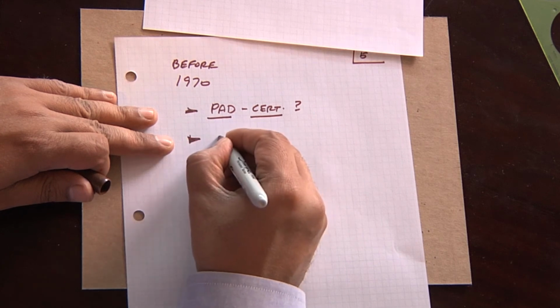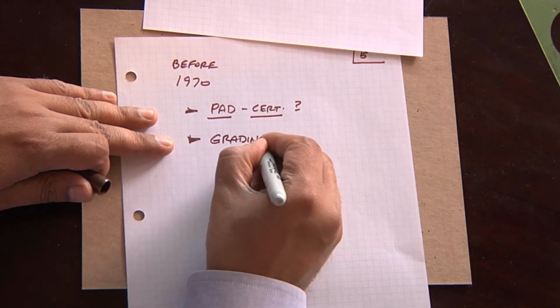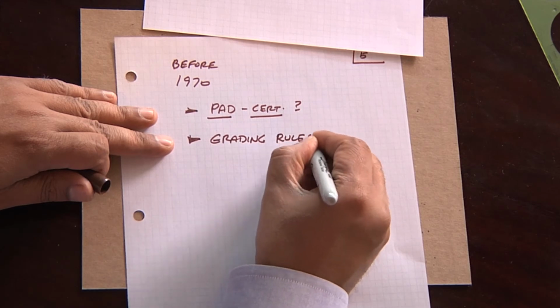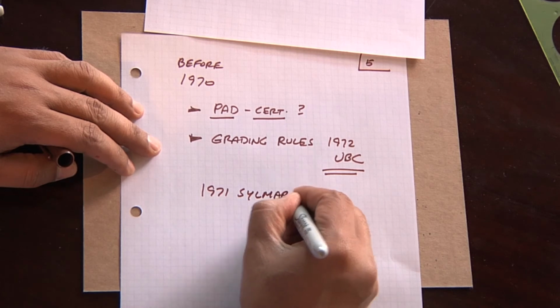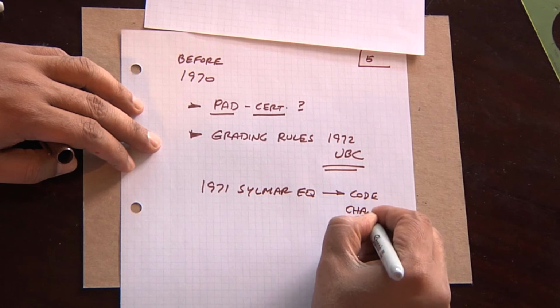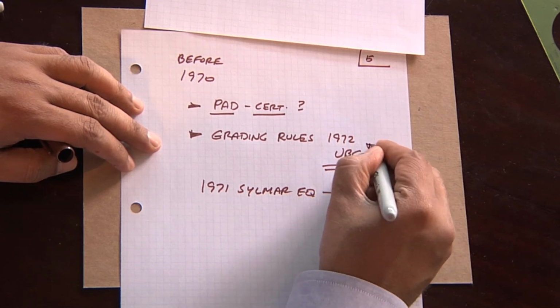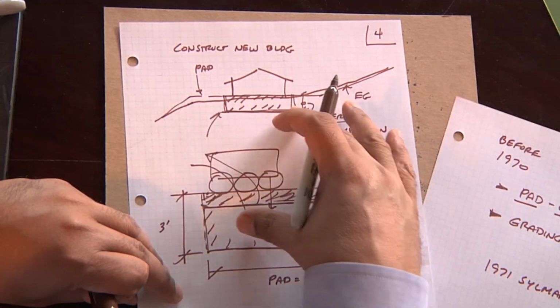Also, they don't comply with the grading ordinances. 1972 was a landmark date because we had a major earthquake in 1971. That was the Sylmar earthquake. That caused all kinds of code changes, which were incorporated. And so buildings that were built before 1970 may or may not have these type of strict requirements. That's why we're always looking at the date and the age of the structure.